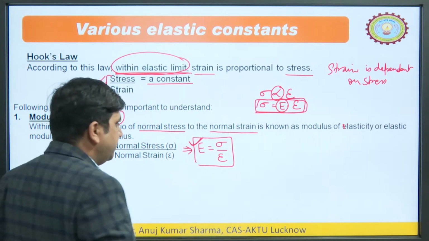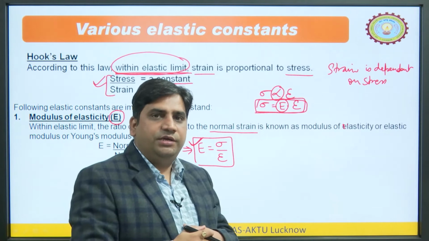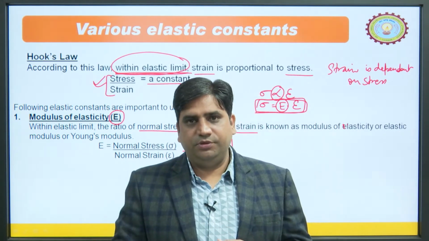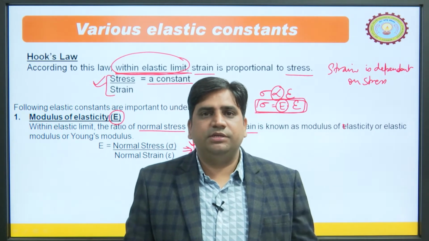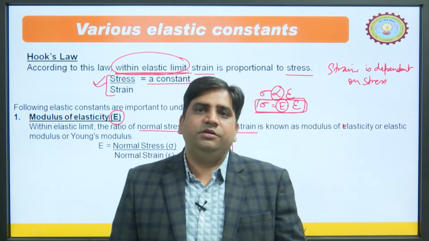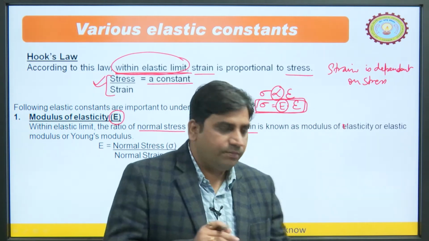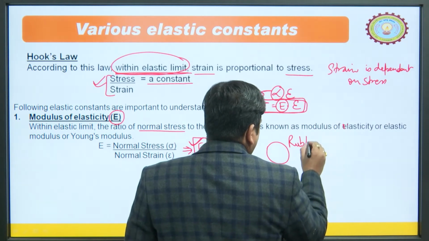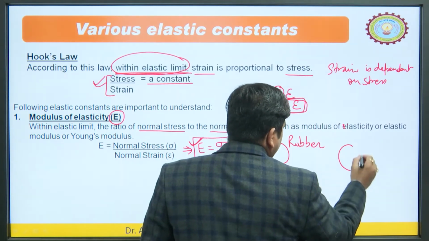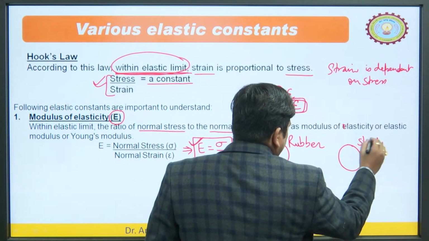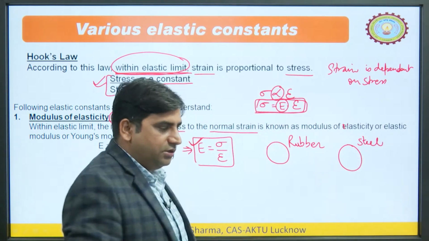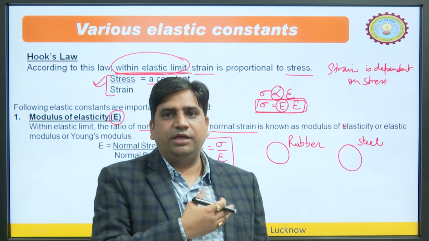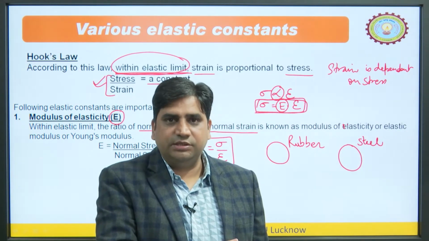And what is the significance of this? A higher value of E means the object is more elastic. The best example is to compare 2 balls, let us say one ball is rubber and one ball is steel. Which one is more elastic? The material which has a higher value of E has more elasticity.